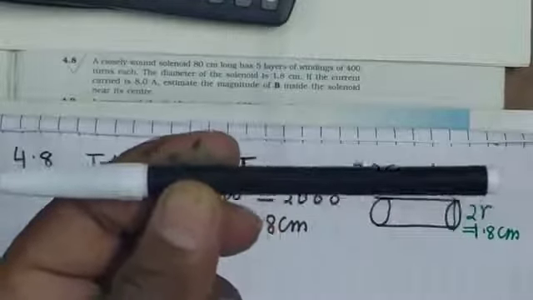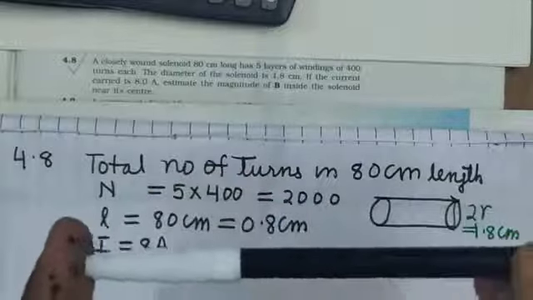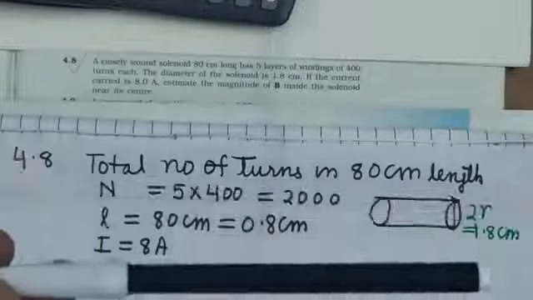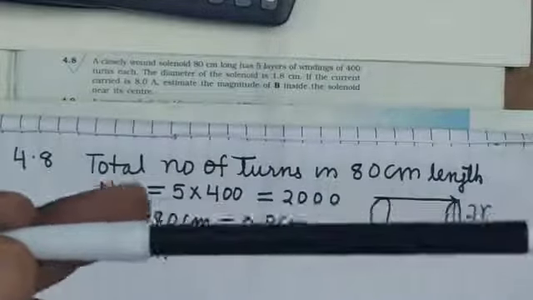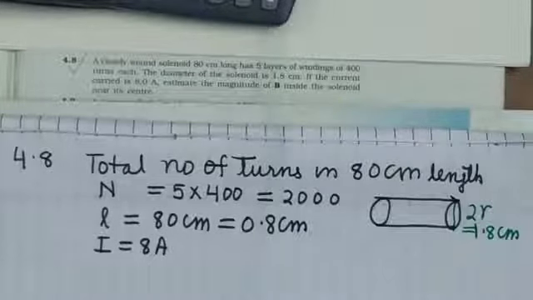Suppose at center it is 10 Tesla, then at the poles, at the ends of solenoid, it will become 5 Tesla. But we have to find magnetic field at the center, well within the solenoid.